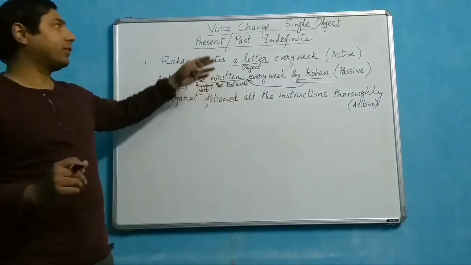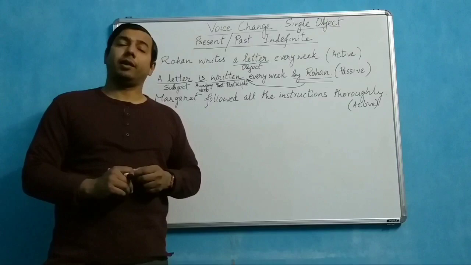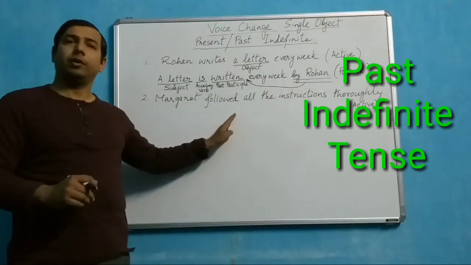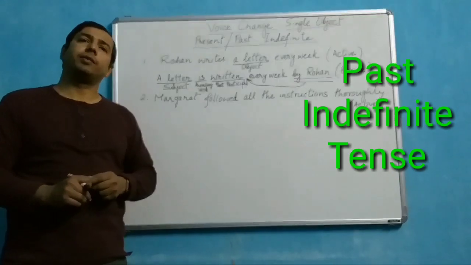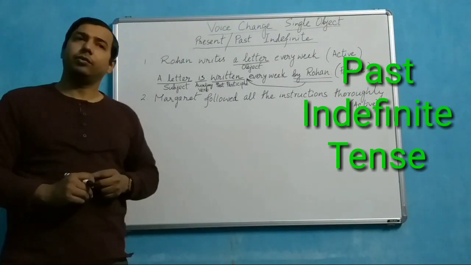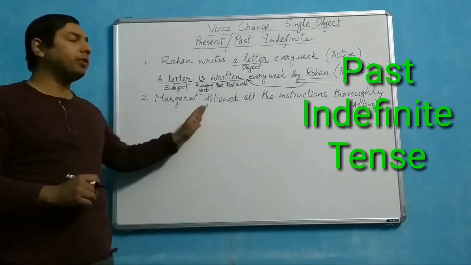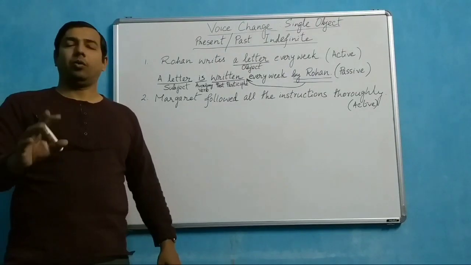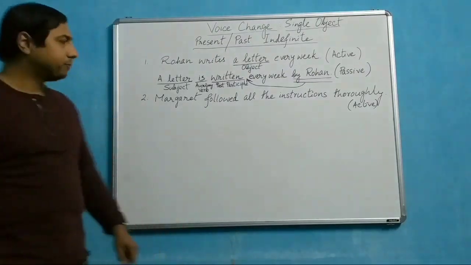Okay, so now let's come to the past indefinite. Here the next sentence is in the past tense, simple past or past indefinite sense. In this past indefinite tense, the changes would remain the same. There is only one difference. What is that? Let's see.